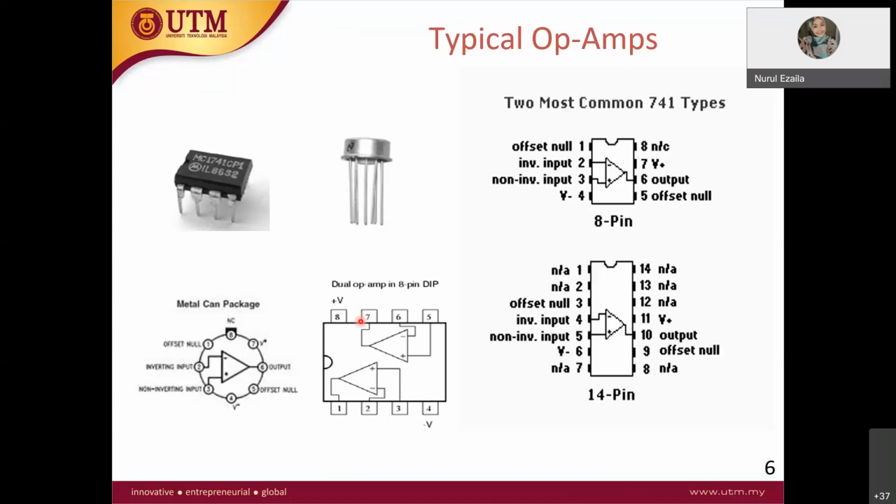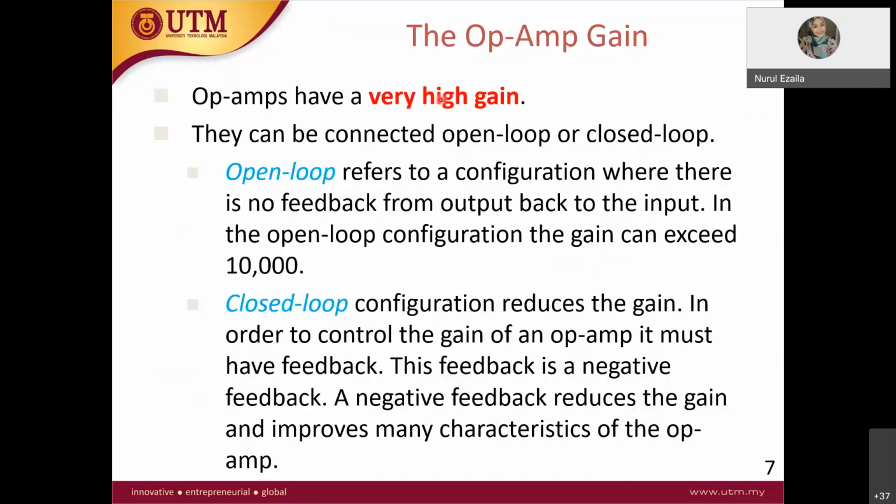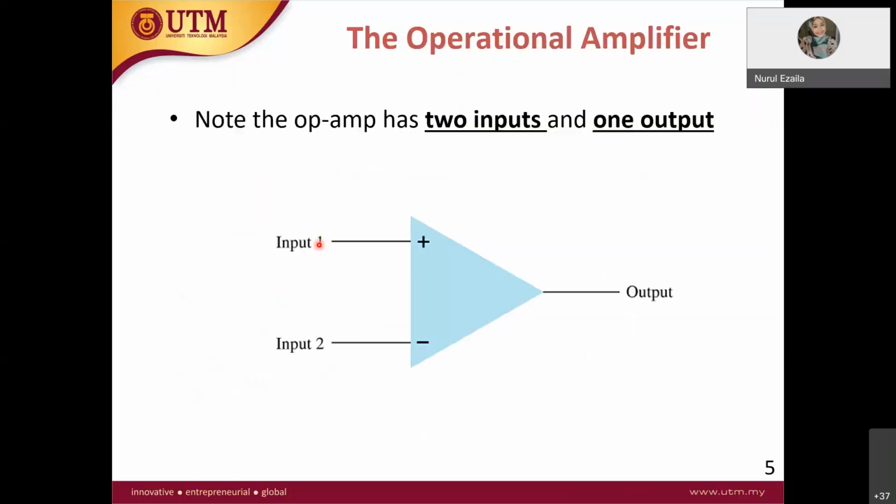Op-amp has a very high gain, so it can be connected open loop or closed loop. This circuit connection can become open loop or closed loop, depending on the resistor you applied and the voltage supply you applied.